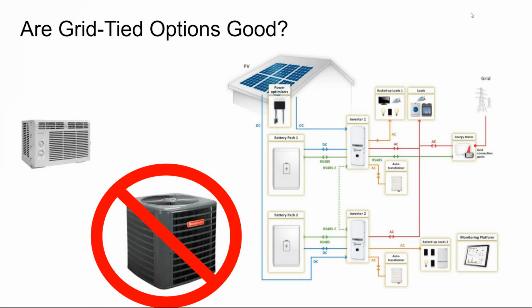And so the short of it is a lot of grid-tied batteries are not very useful for providing backup power during an emergency, except for a very small critical load panel. They're not whole house solutions. And I don't know, I find that dissatisfactory.